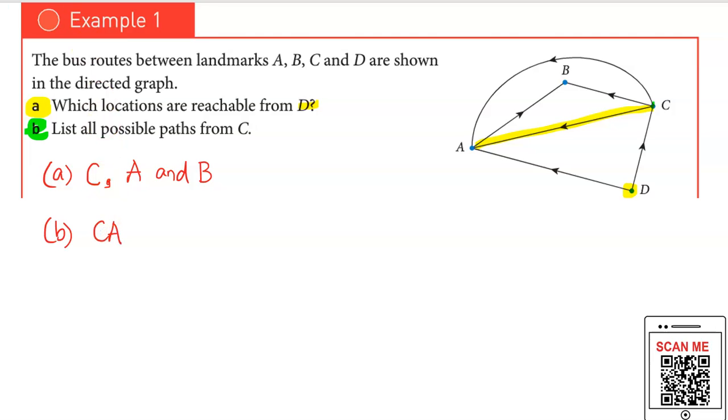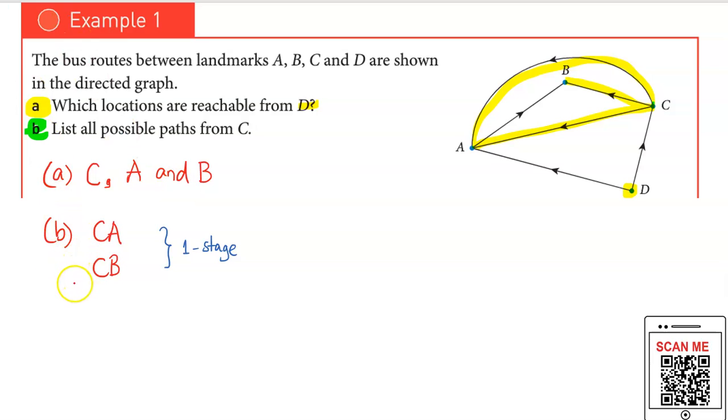Next, I can go to B as well using this path, CB. And just now, as I said you can go from C to A, actually you can have another way also, using these edges. These are all one-stage pathways.